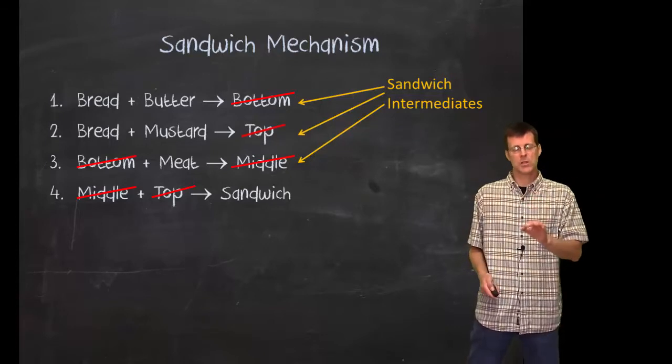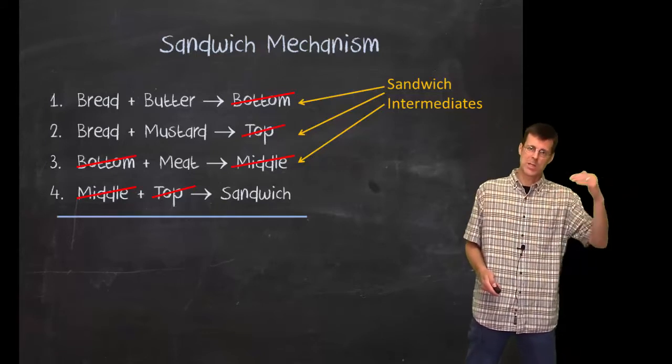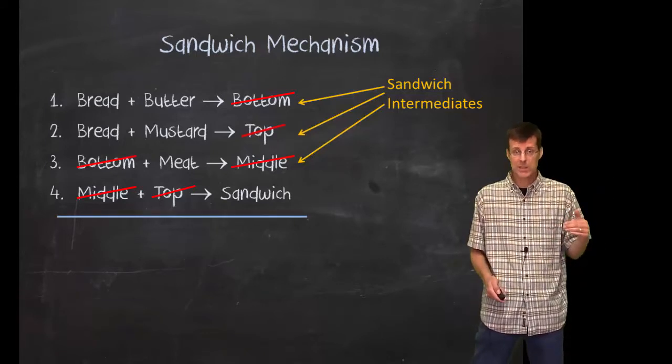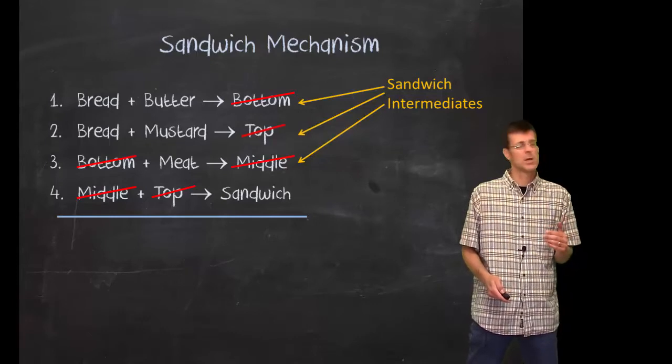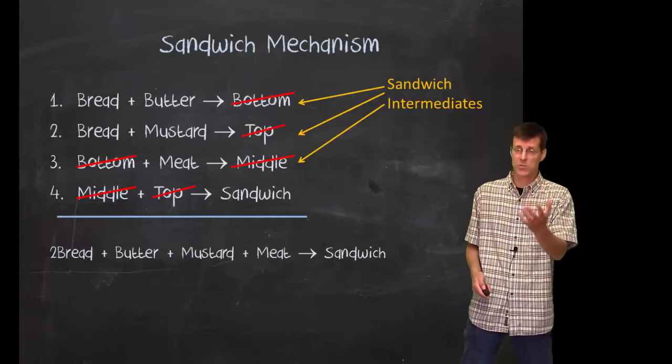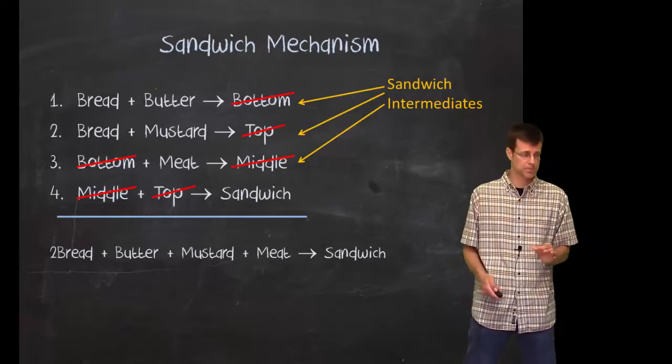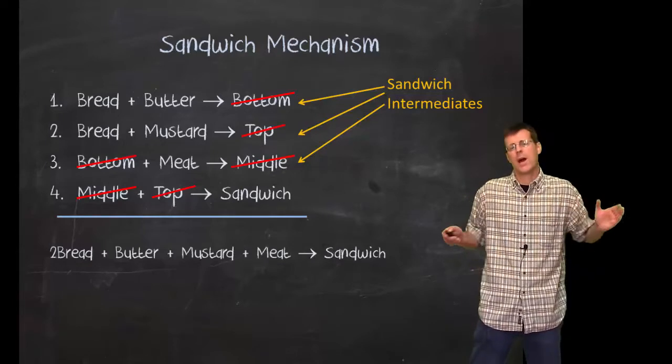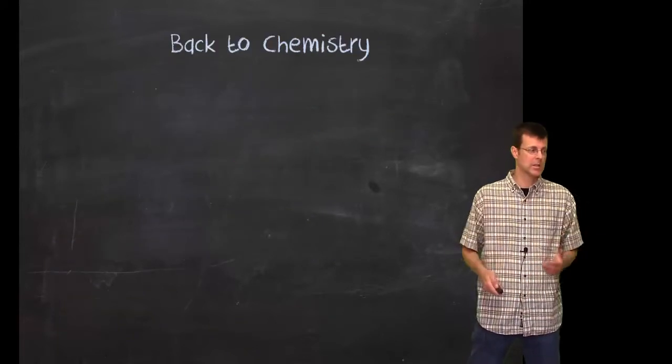But sandwich intermediates, now when we're all finished and we take what's left over that we needed to have to begin with, what do we make? We end up with a sandwich, a fairly basic sandwich, but if it's Montreal smoked meat, it's still going to be delicious. Now, how does that apply to chemistry? Yeah, we're getting there.